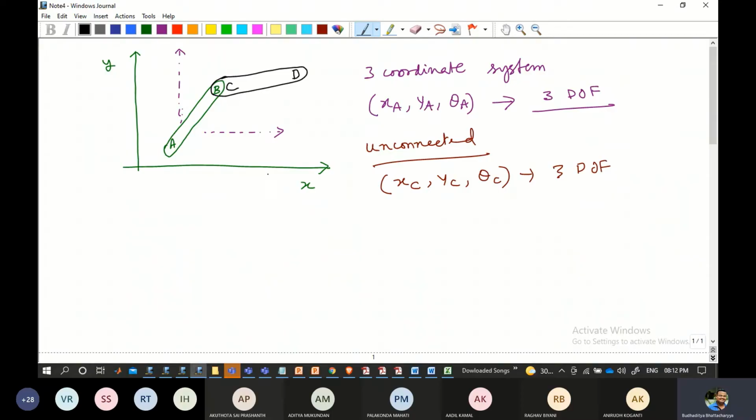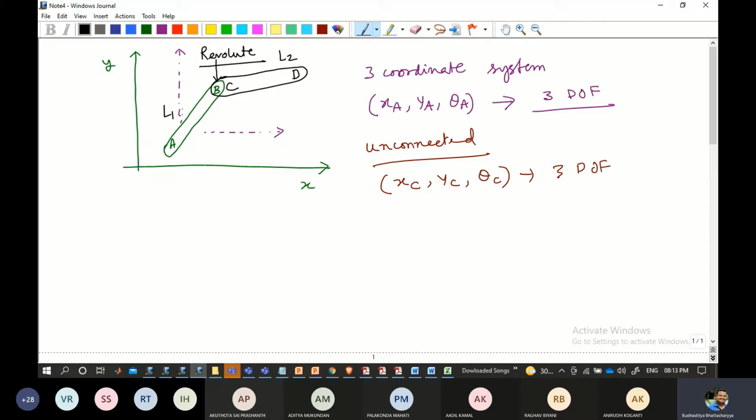But now suppose there is a revolute joint joining them. So a revolute joint which connects the 2 links together. This is my L1. Let me mark this as L2. So now L1 and L2 are marked with respect to a revolute joint.